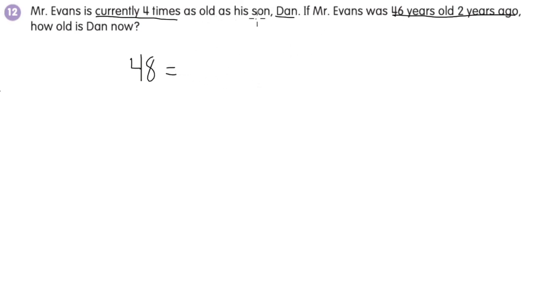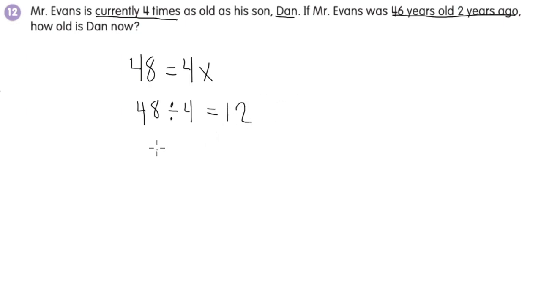We don't know how old Dan is, but we know that Mr. Evans is 4 times as old as Dan. So if he's 48, and we'll say Dan is X years old, well, Dan is 4X because Mr. Evans is 4 times as old as him currently. So to figure this problem out, we would just divide by 4, and 48 divided by 4 would end up giving us 12.